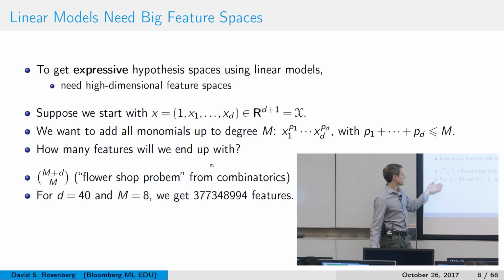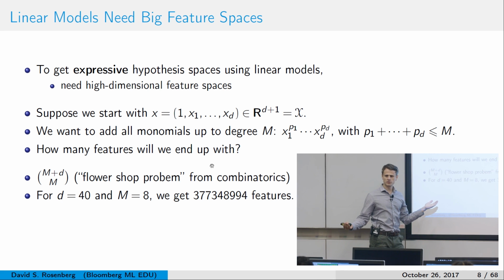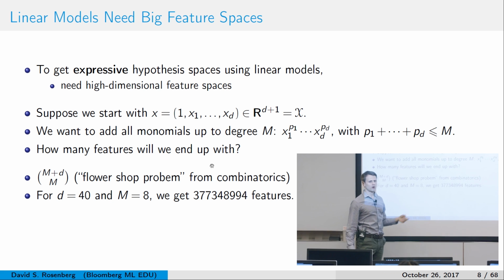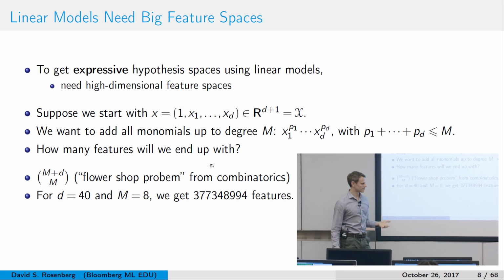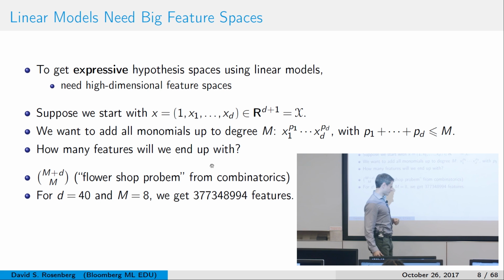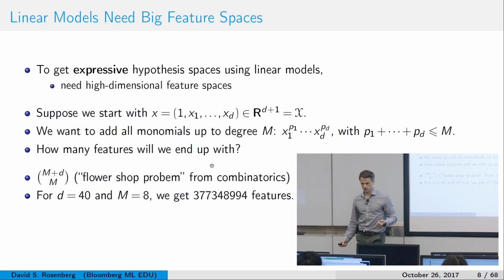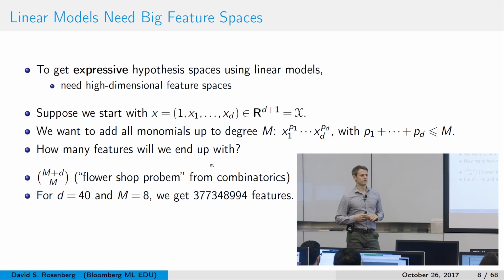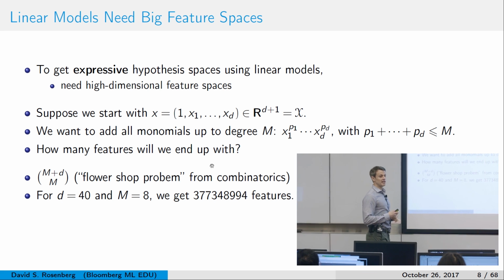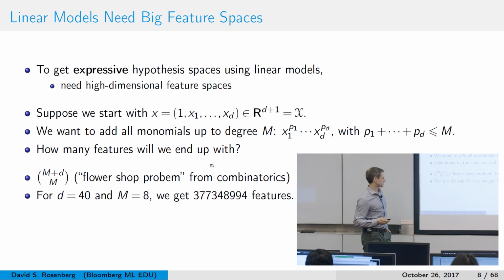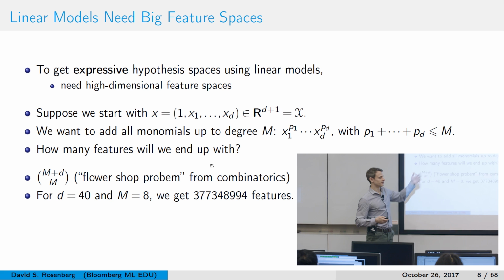This number grows very quickly in m and d. For instance, if our original feature dimension d was 40, and we want all monomials up to 8th degree, which is high but not huge, we're going to get 377 million features. That's a lot to deal with, especially with dense methods, where we have dense matrices and dense feature vectors, which would be the case here.